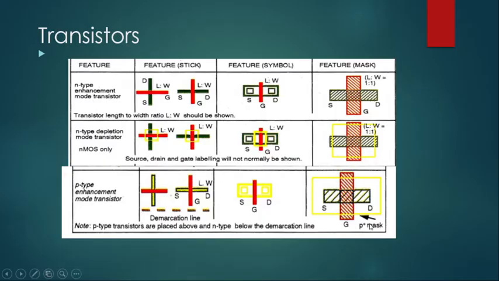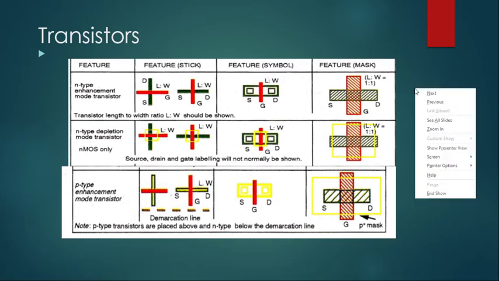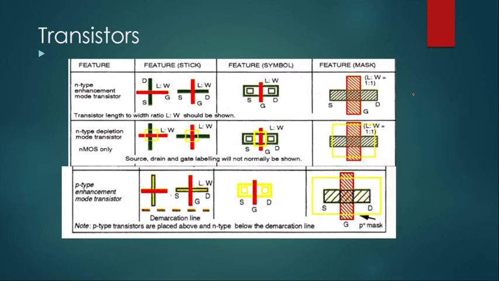So now if you want to make the transistors, how can you make a transistor? What is a transistor? Transistor is basically, you can say, the intersection of two layers. See, this is your NMOS transistor. You can make your NMOS transistor like this. This is your source, gate and drain.